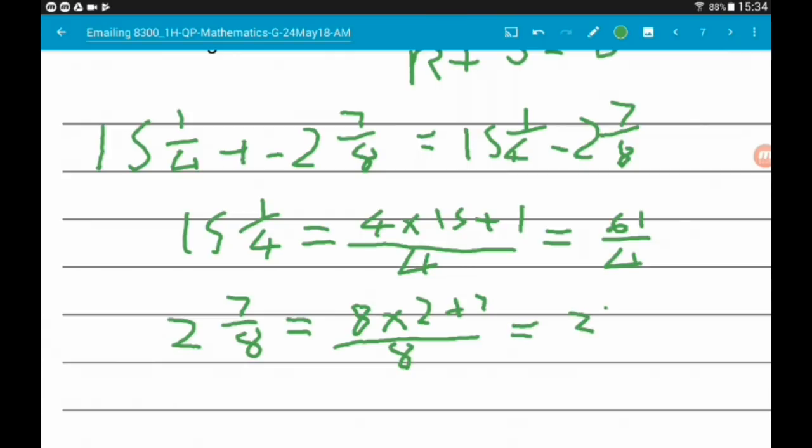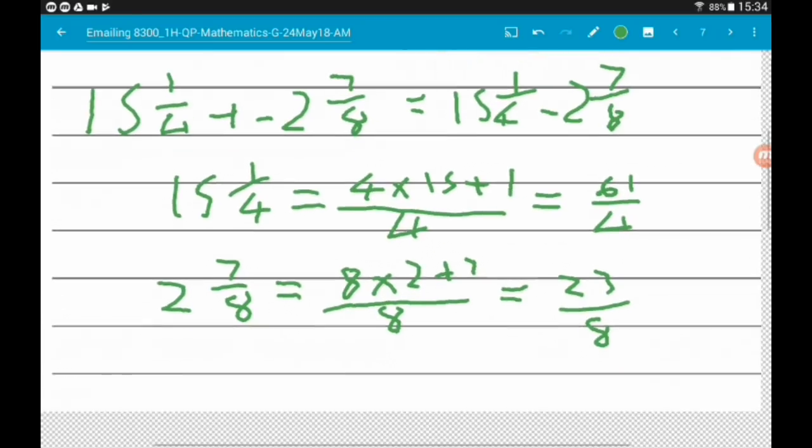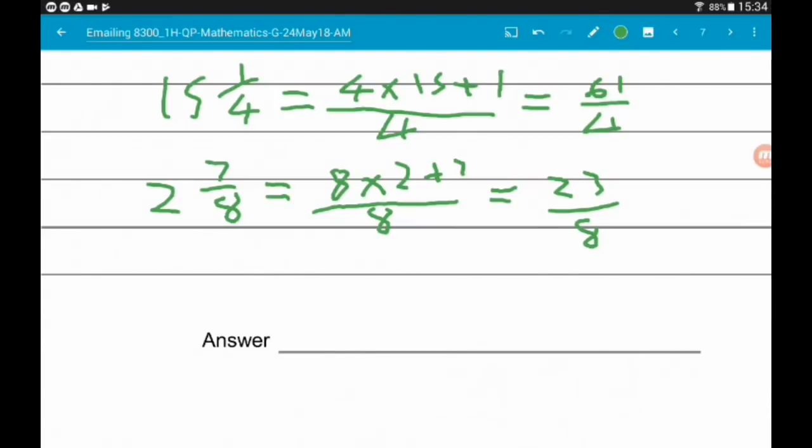Okay, so now we're trying to work out 61 quarters and then minus 23 eighths.